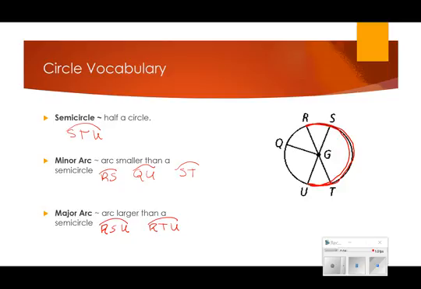When we have 3 points, it's major, 2 points are minor. RSU and RTU are the same arc. RU is just that minor arc because we're only using 2 points. So it goes this way around the circle, and we only use 2 points. That's something important that you need to remember.